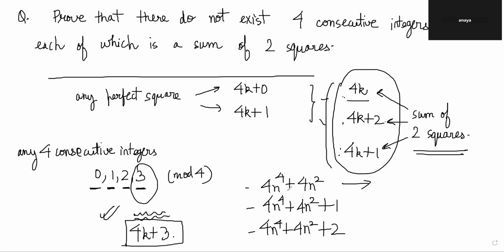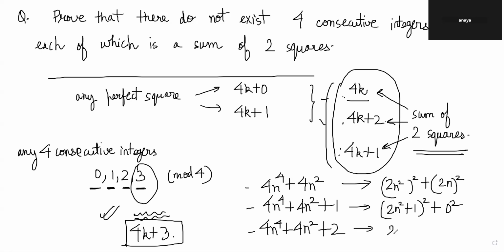And you can write each of them as, this one is (2n square) whole square plus (2n) whole square, right? This one is clearly (2n square plus 1) whole square plus 0 square, right?